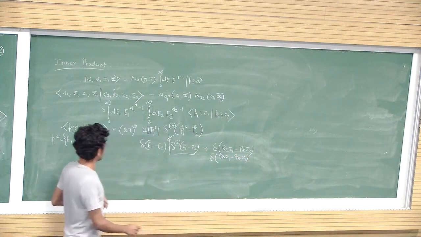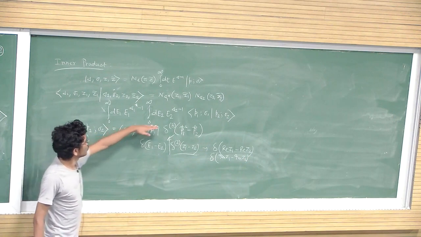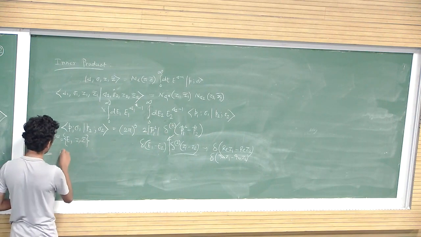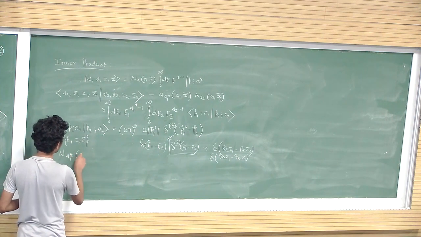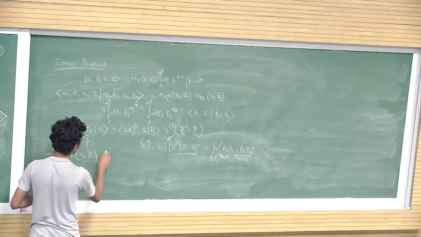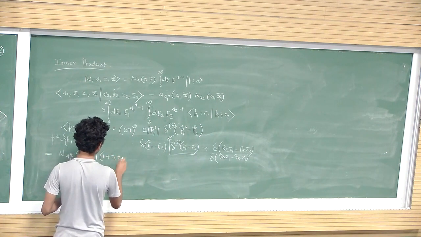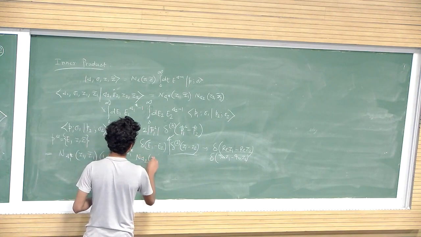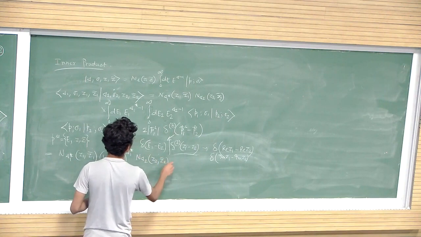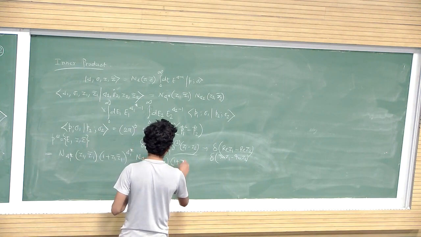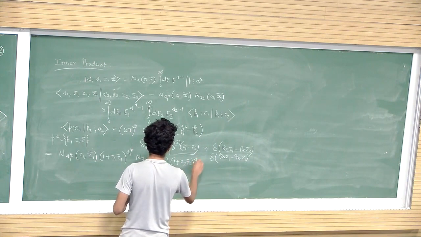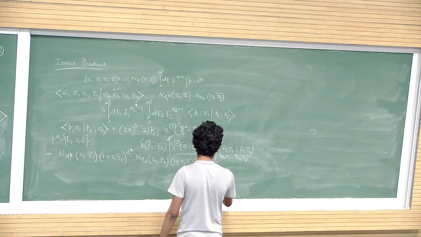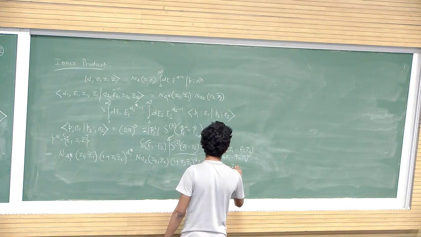Now if you substitute it back into this equation, what you will get is n delta 1 star Z1 bar, 1 plus Z1 bar to the delta 1 star, then n delta 2 Z2 Z bar 2, 1 plus Z2 Z bar 2 to the delta 2, then this delta 2 of Z1 minus Z2.